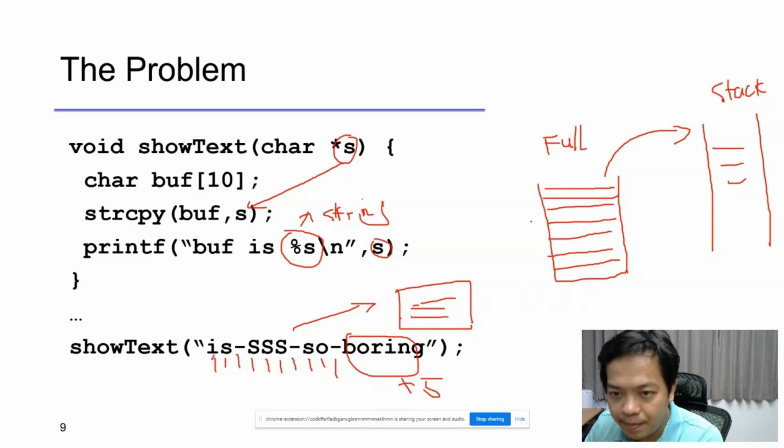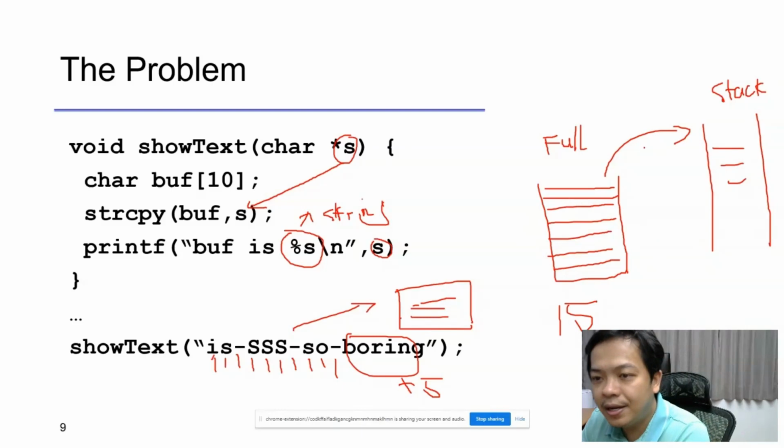For example, they can use about 15 characters, and they can predict that after the buffer overflows at 10, the five extra characters need to be stored at some address in the stack.